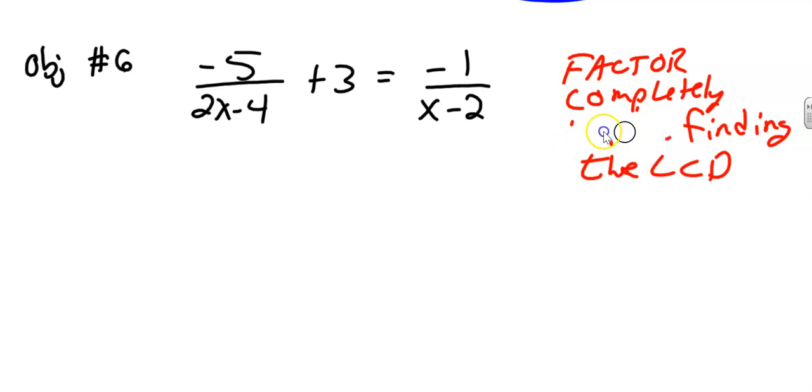Let's try that one again. Okay, now again, there's not a whole lot on this one that you can do, but you can take this 2 that's in the denominator here and factor it out.